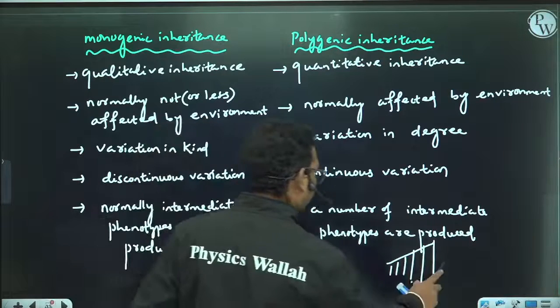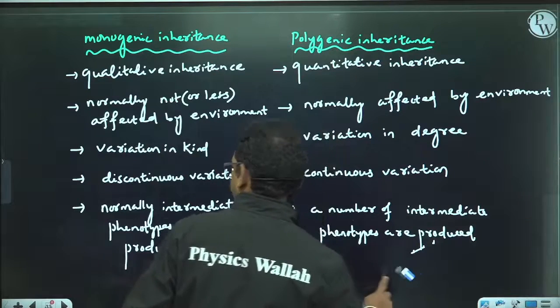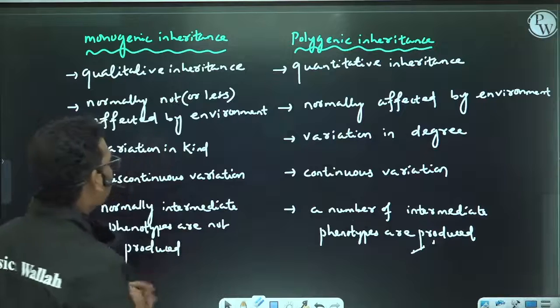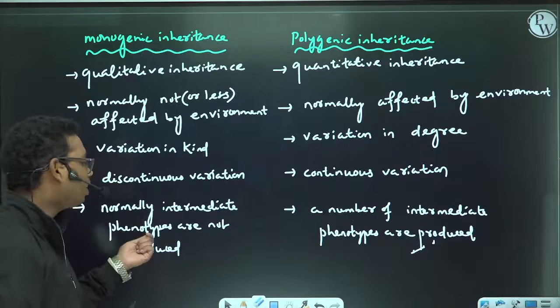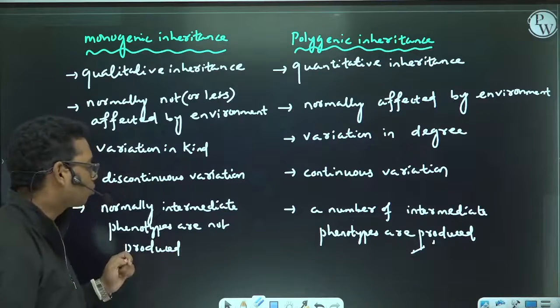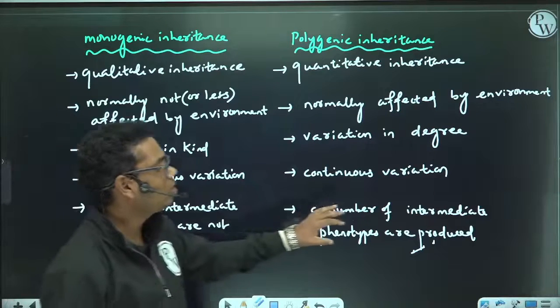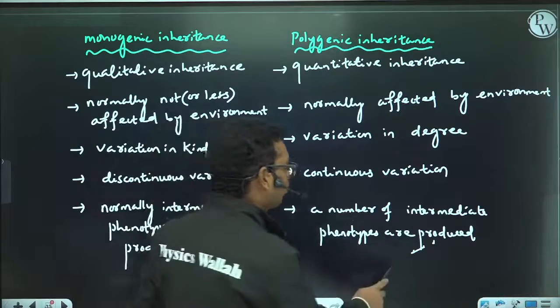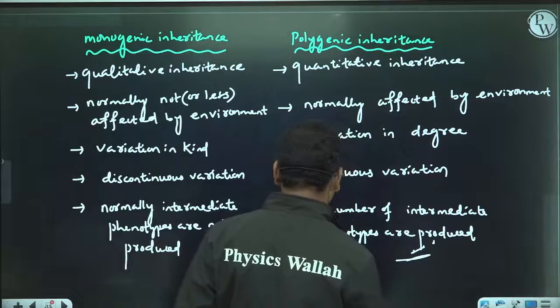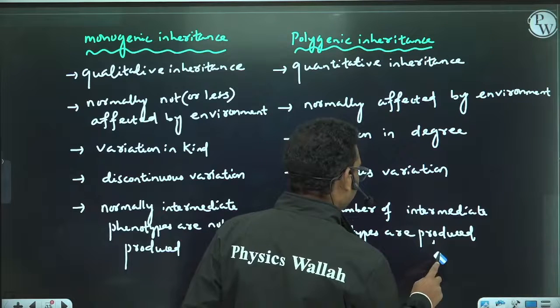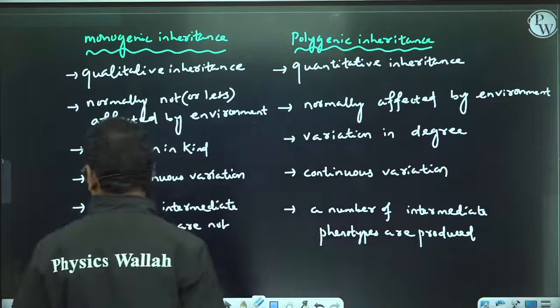Now, in monogenic inheritance, normally intermediate phenotypes are not observed. But in this case, a number of intermediate phenotypes are produced.